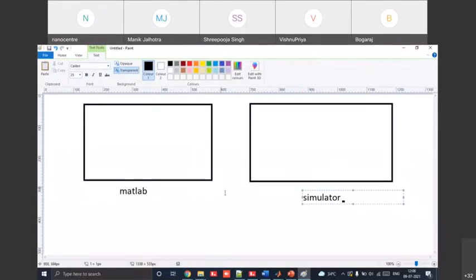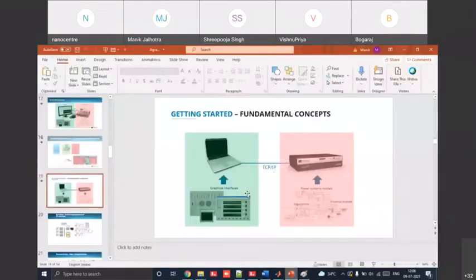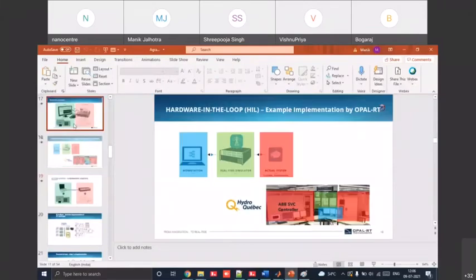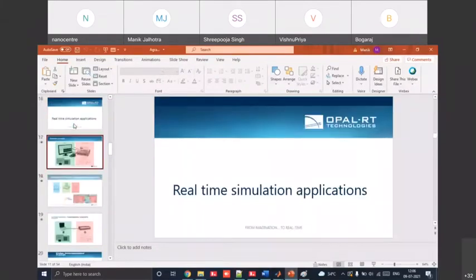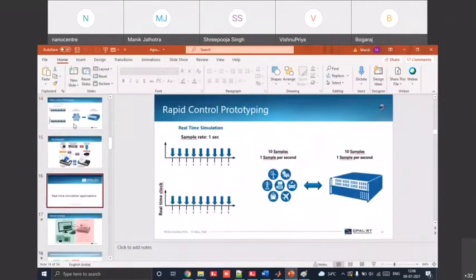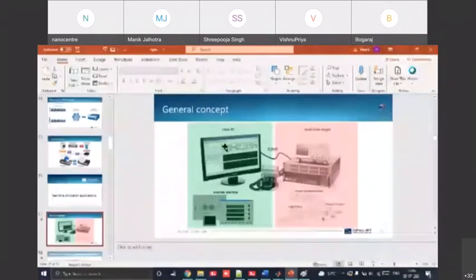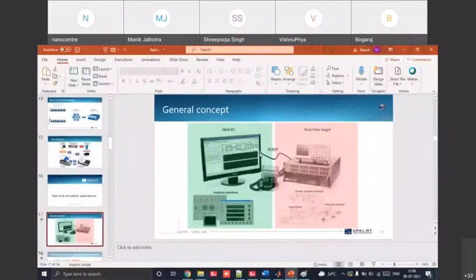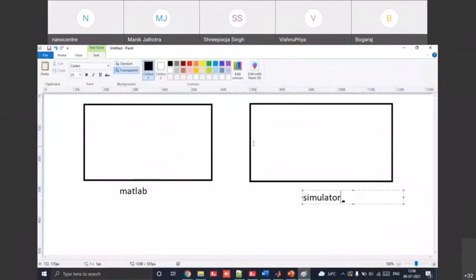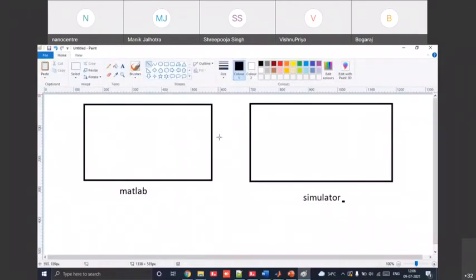As I said in the PPT, in order to make a connection between the host PC and a real-time target, we keep an Ethernet connection. If I show this wire as an Ethernet connection between these two, this is what we are trying to do. We have developed our model.